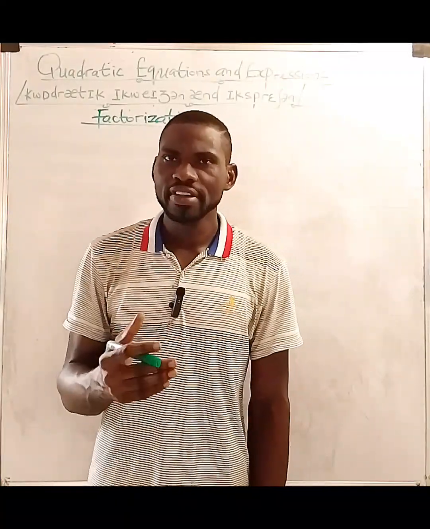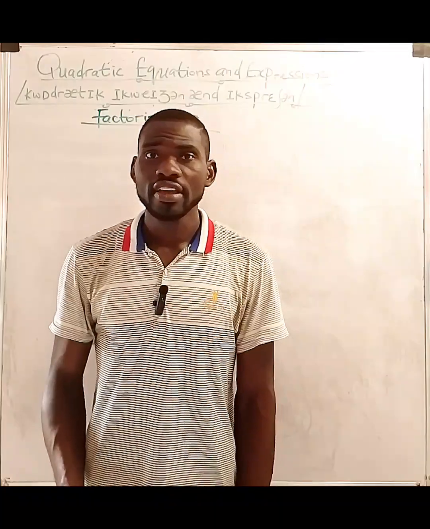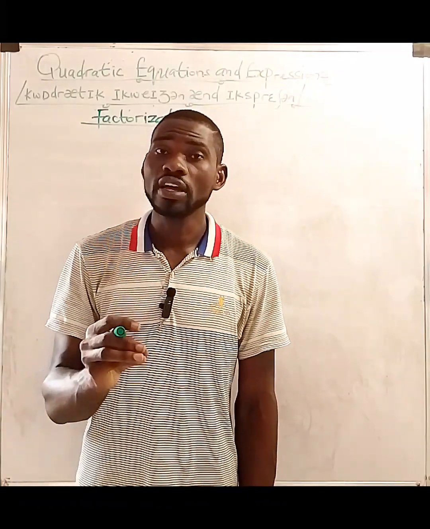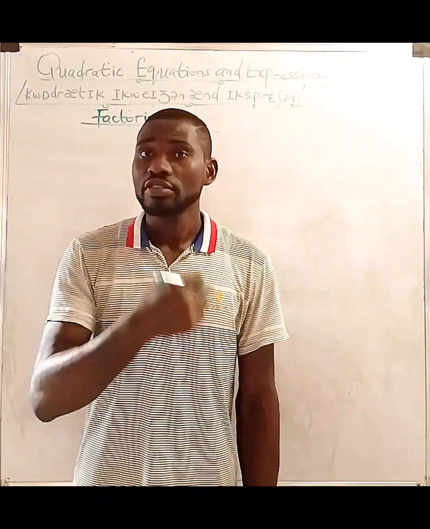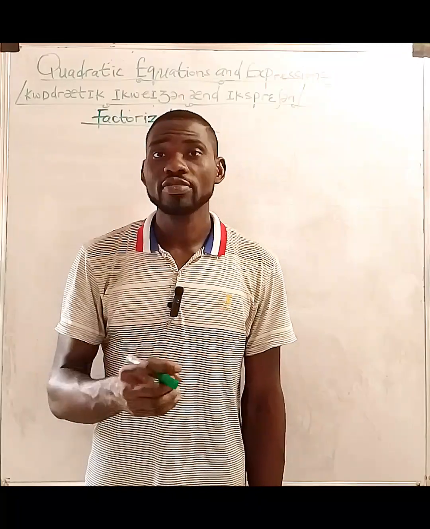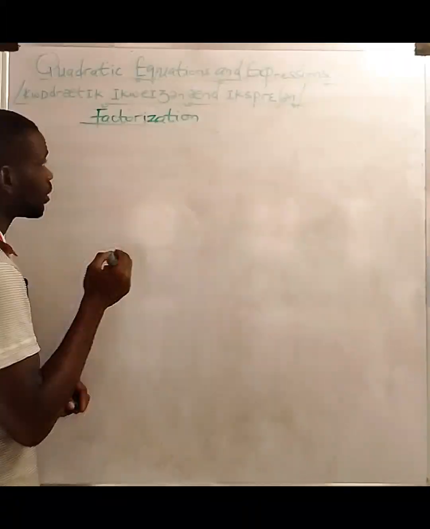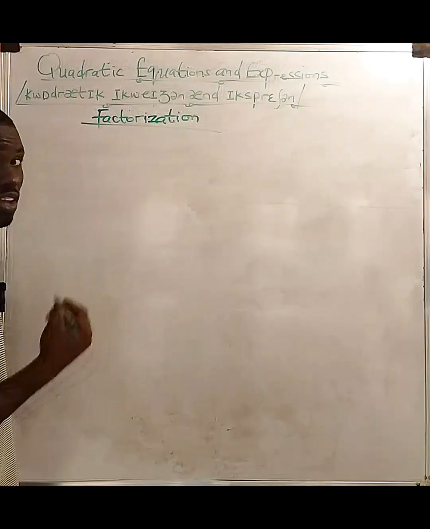This very method involves factorizing a given quadratic equation. Before we can go into this, first of all, we have to derive a kind of formula we are going to be using to solve quadratic equation under factorization. Every quadratic equation has what we call a root, or we can call it the source of that very equation.